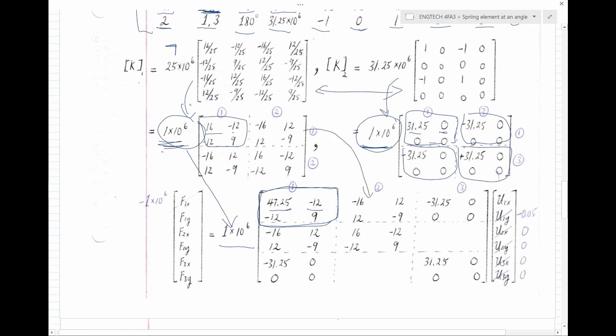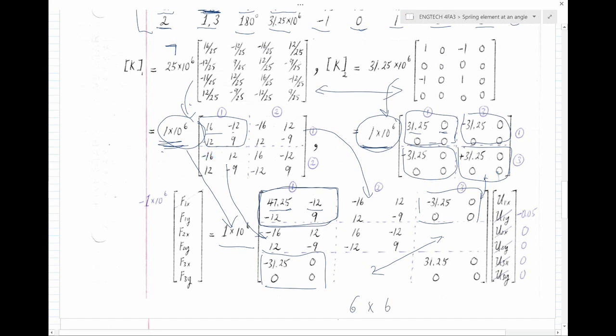That term goes here and this term goes here. Then we look after the second matrix. Everything related to node 3 we put here. We don't put anything here because we have no terms related to it. So from the 4 by 4 matrix, now we have a 6 by 6.